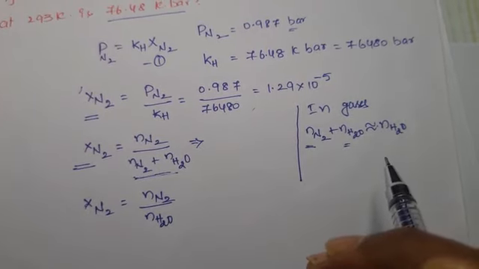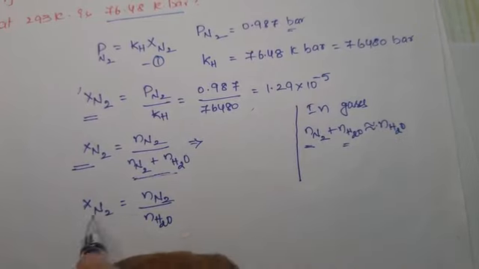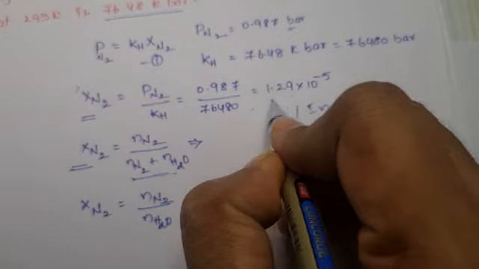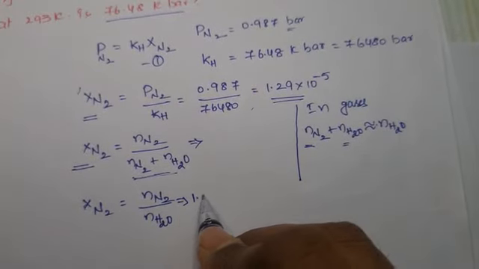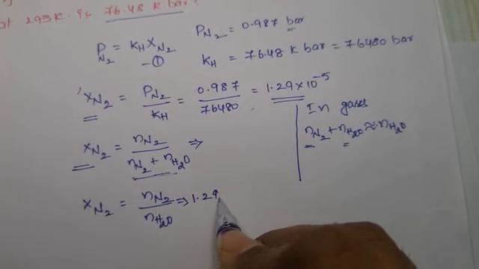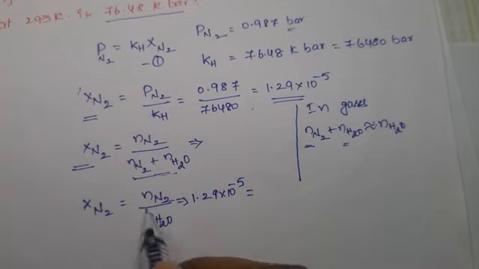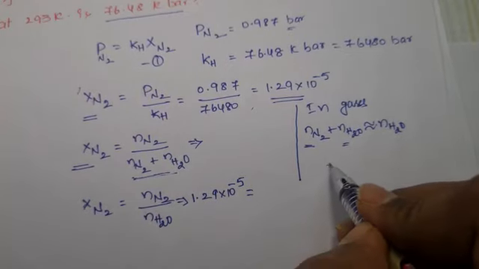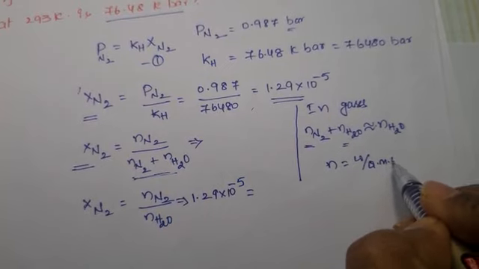Clear? Now the zeta N2 value we already calculated. So 1.29 into 10 to the power of minus 5 equals number of moles of N2 by number of moles of H2O. What is the formula for number of moles? Weight upon gram molecular weight.